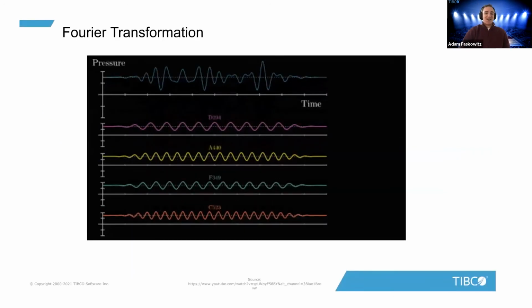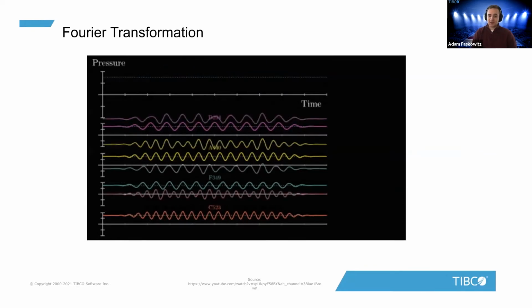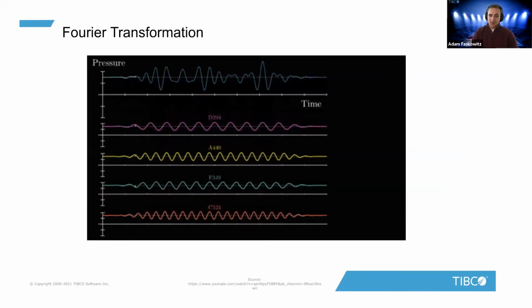So our first step here was this Fourier-Bessel transformation, but it has its roots in Fourier transformation, which is a mathematical method that takes something like a pressure signal. So you can imagine this is a time series and this is pressure over time. Now, this one pressure signal on its own can be represented by a decomposition of multiple signals.